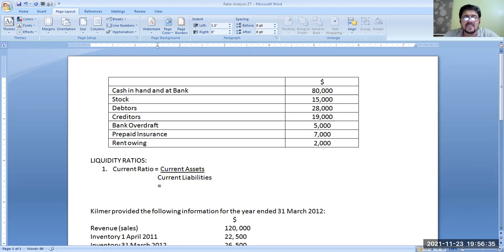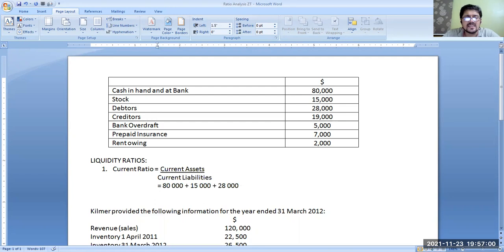Current assets, we have cash at bank and in hand, 80,000, plus stock or inventory, 15,000, plus receivables and debtors, that is 28,000.